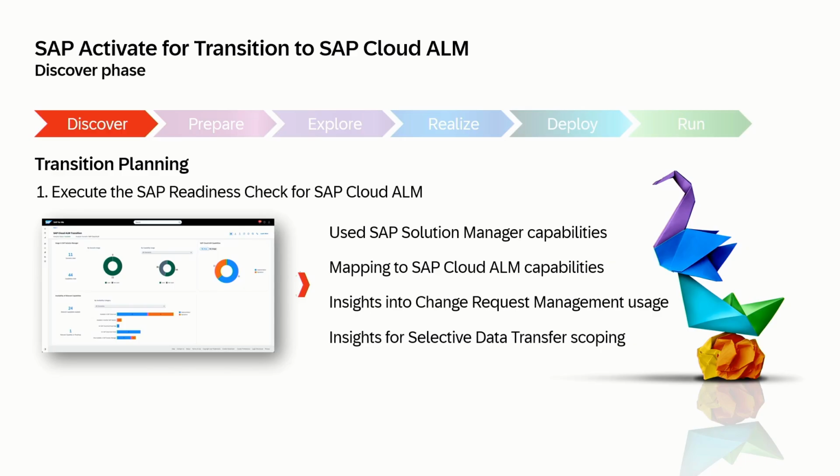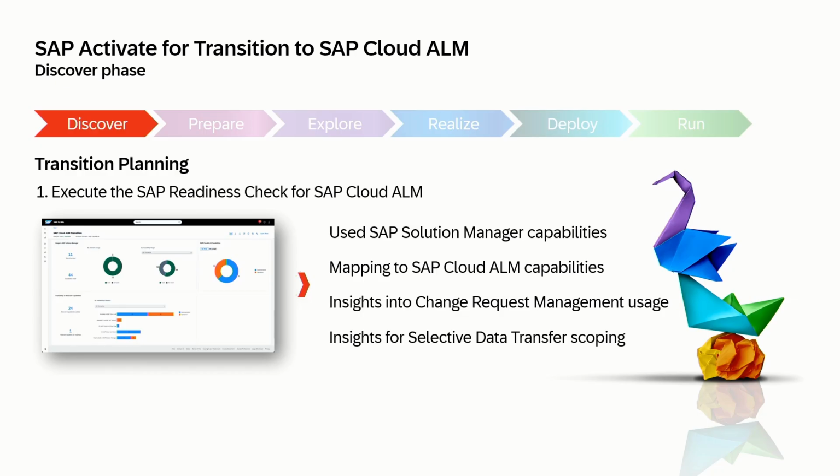One is regarding the usage of change request management. Here the background is if you want to transition change request management to Cloud ALM and you don't have only one landscape but maybe 5 or 10, and there are even customers who have 100 landscapes which are managed with change request management, then where to start?